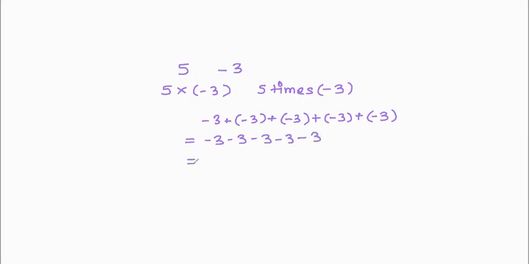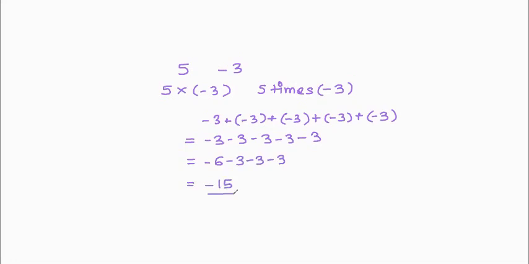Now if I go adding them from the left hand side, two numbers at a time, minus minus is going to be addition. So 3 plus 3 is 6, and it gets the sign of the bigger, minus 6. The remaining comes down as it is. And if I go on doing this, I find that the final answer is minus 15.